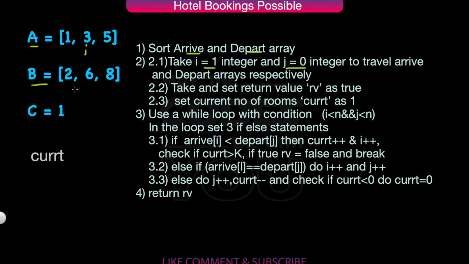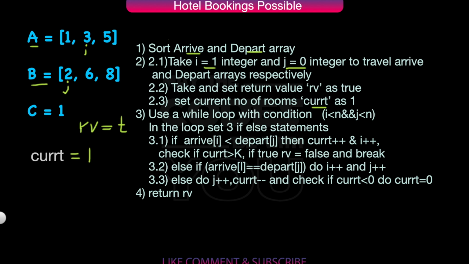So let's write i equal to 1, j equal to 0, and rv equal to true. Then we set the current number of rooms, current, as 1, which is another variable.